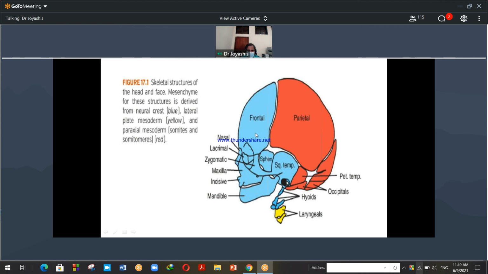Blue coloring that I'm showing is neural crest cells থেকে mesenchyme develop হয়ে এই spongy bone গুলো develop করে, from frontal bone, sphenoid and temporal. আর lateral plate mesoderm থেকে yellow coloring যেগুলো, laryngeal bones গুলো develop হয়। আর paraxial mesoderm থেকে somites and somitomeres থেকে parietal bone, the petrous part of the temporal bone, occipital bones develop হচ্ছে। তাহলে এখানে neural crest cells, lateral plate mesoderm, paraxial mesoderm.